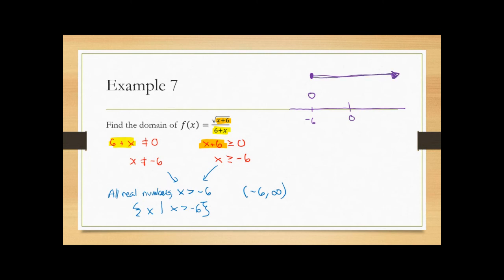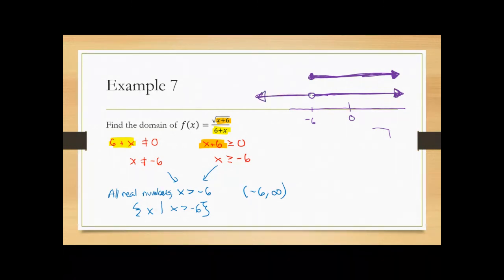I have two different rules here when I'm looking at the domain on my number line. When you are considering domain, you're looking for the intersection. You're looking for what they have in common. So if I think about this not equal to negative 6, that means I could have everything to the right, or I could have everything to the left.